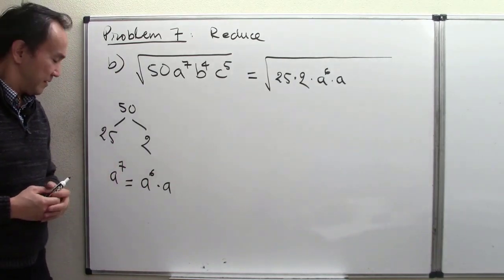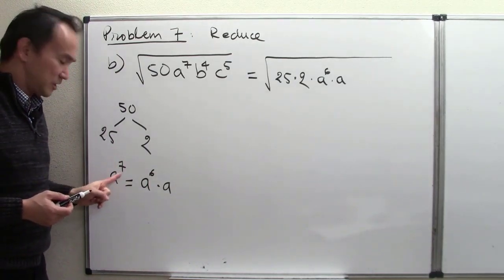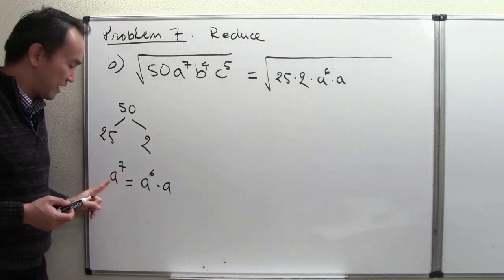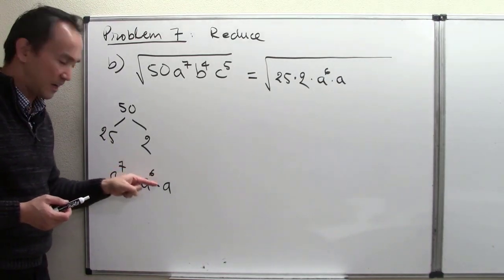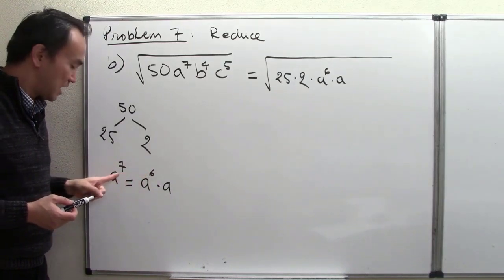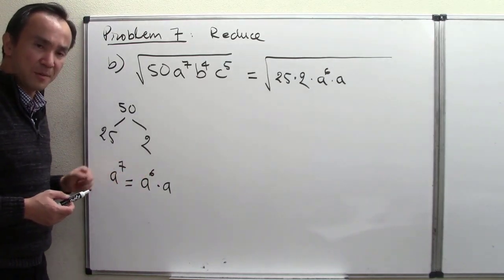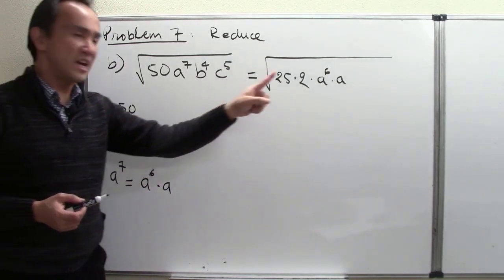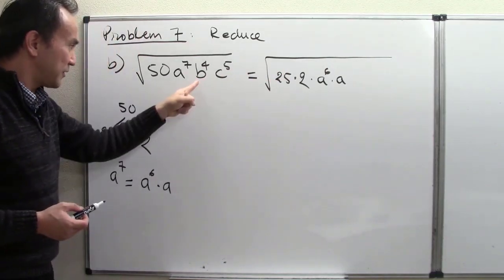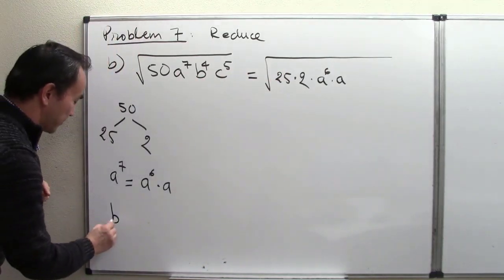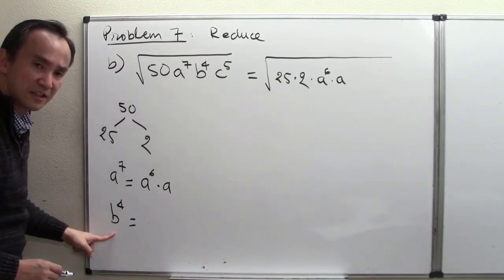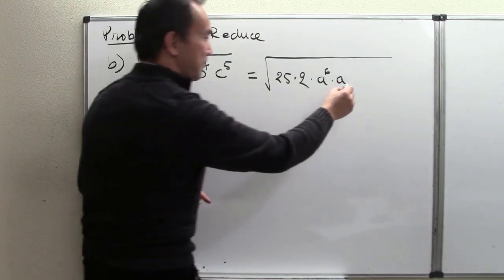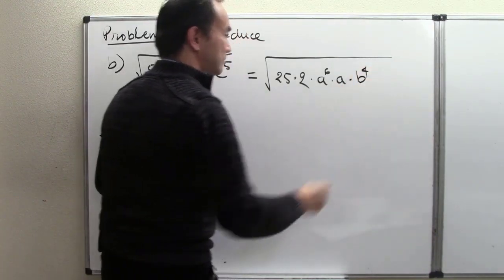With this power being odd, we look for the largest multiple of 2 under 7. The reason I mention that is because the next variable has power 4, which is already an even power, so I'm just going to leave that the same, in product with the b to the 4th.